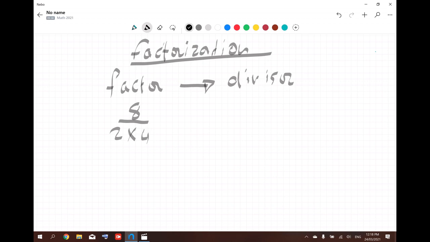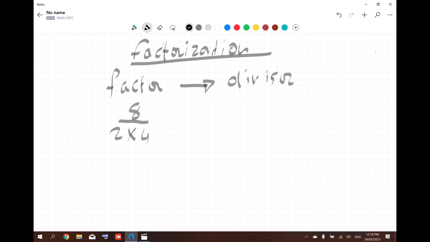So alternatively, we can call 2 a divisor of 8, which means 8 is divisible by 2, so 2 is a divisor of 8, and 4 is a divisor of 8, or we can say it is a factor of 8. So factor and divisor are the same.